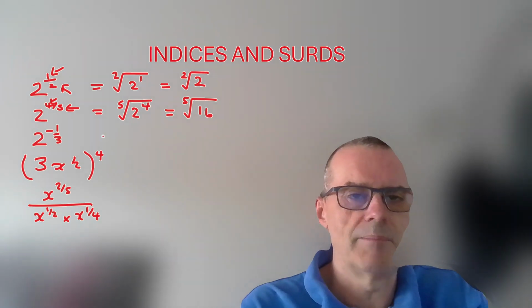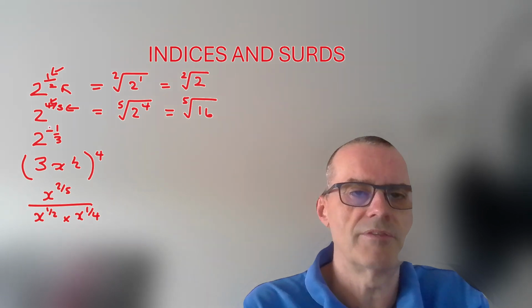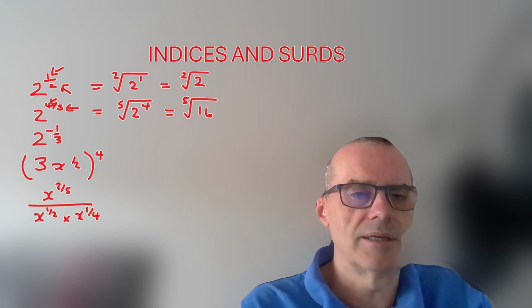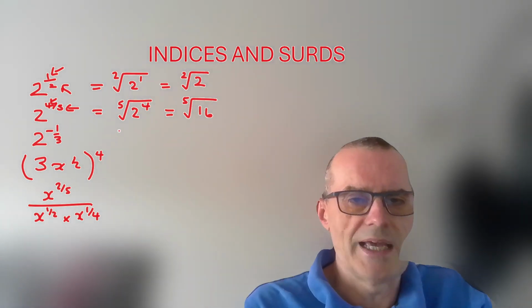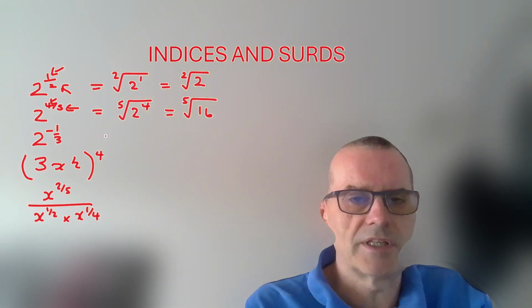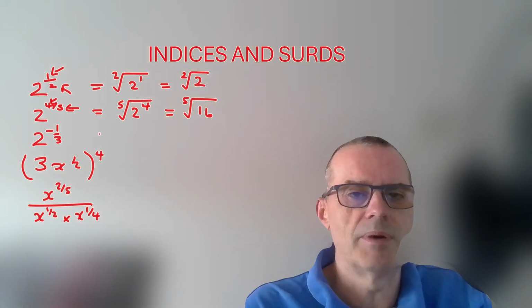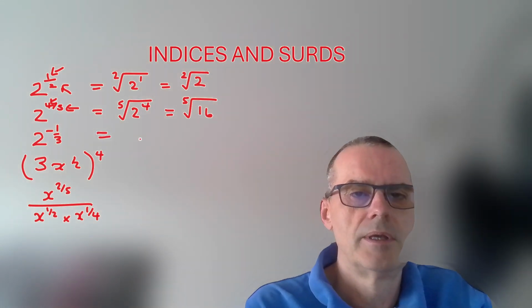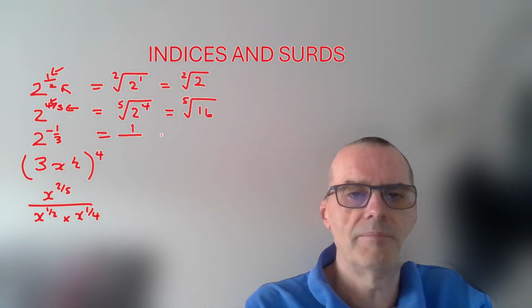So our next example is 2 to the power of -1/3. Now this is a little different because we have a negative exponent here. So what do we do with negative exponents? Well, all a negative exponent means is 1 divided by.